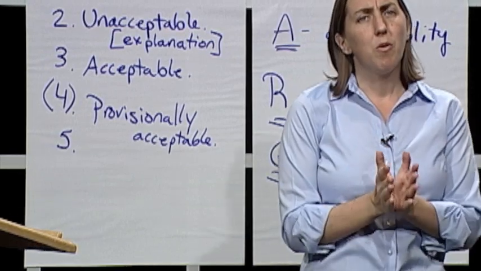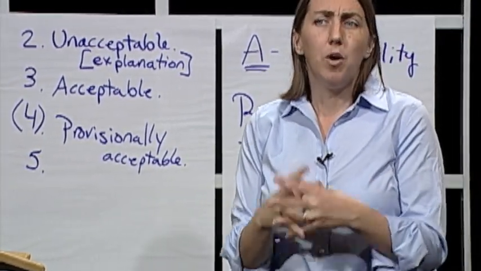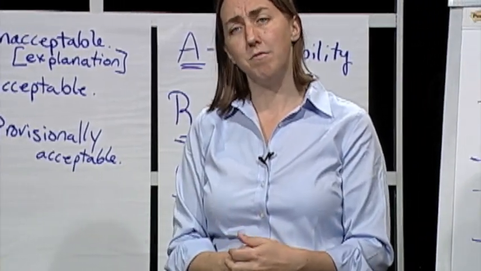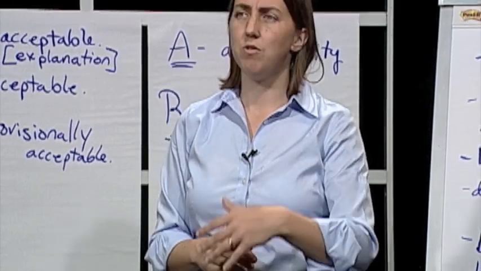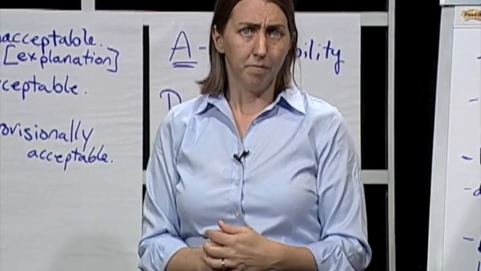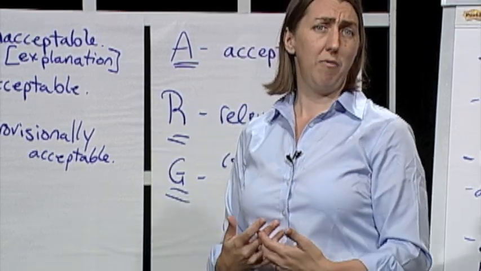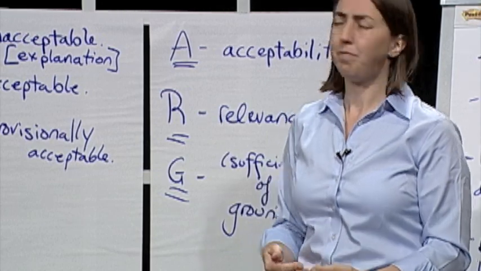There are times when we're faced with a premise and we don't have the expertise, we don't have the knowledge, we don't have the wherewithal to really determine whether it's acceptable or unacceptable. So someone can make a claim, say, about the proportion of the federal budget that goes to scientific study. And they make that claim in the context of an argument. Off the top of my head, I don't have enough background knowledge to know whether that particular claim is acceptable or not.